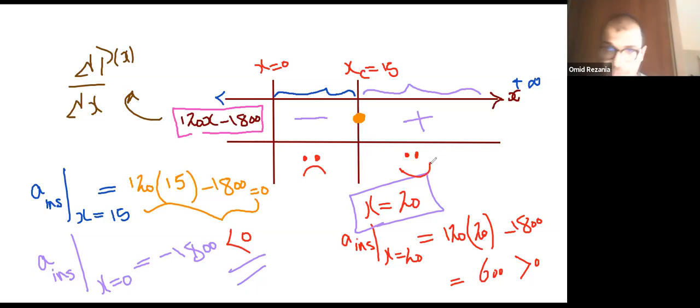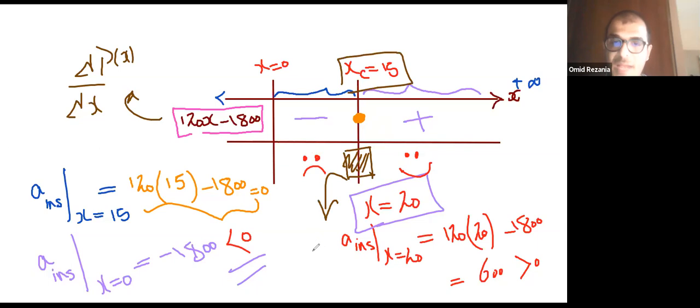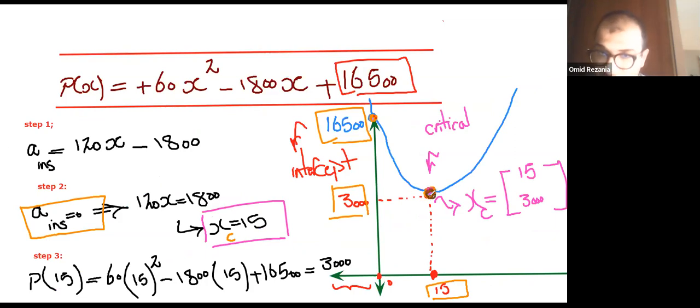Now, when you have this sudden change from sad to happy, or from minus to plus, this point, which is x equal to 15, becomes the point of the minimum. You see that this point now is the minimum. It's the lowest amount of the profit that you get.